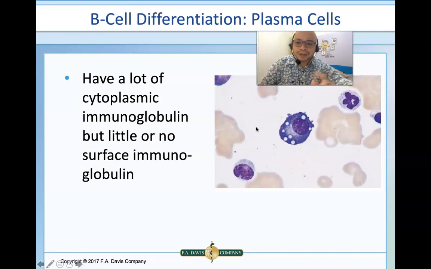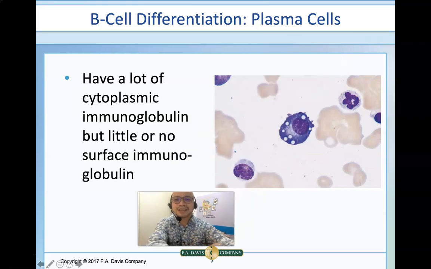Okay, so B cell differentiation involves plasma cells. So this is now a mature plasma cell. So you will notice that mature plasma cells would have cytoplasmic immunoglobulin as shown here in stained plasma cells because of the presence of the vacuoles, but little or no surface immunoglobulin.